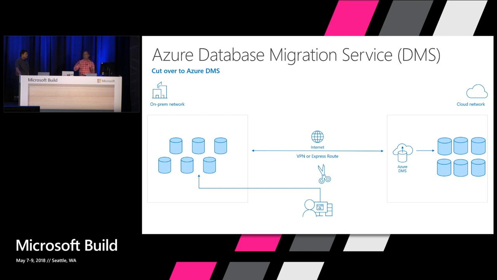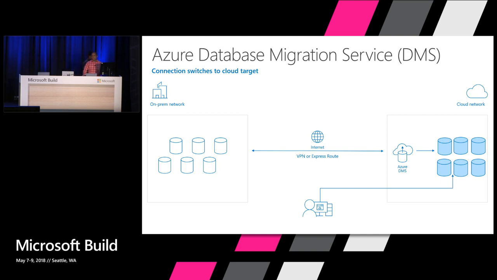We will drain all the transactions that are pending at that point at the source, and we apply all those transactions, and we will complete your migration. And we will say that your database migration is complete. At that point, you simply change your connection string from your source databases to the new target databases. Your application is going to start running from there.